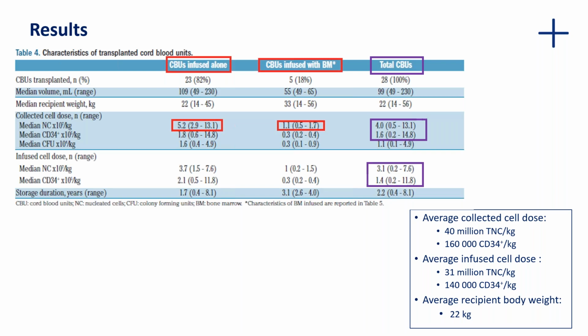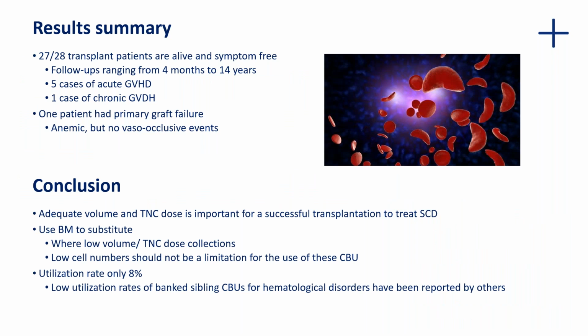Across all 28 patients, the average collected cell dose was 40 million total nucleated cells per kilogram, and of those 160,000 were CD34 positive. The average infused cell dose was 31 million total nucleated cells per kilogram, with 140,000 CD34 positive cells per kilogram. And the average recipient body weight was 22 kilograms.